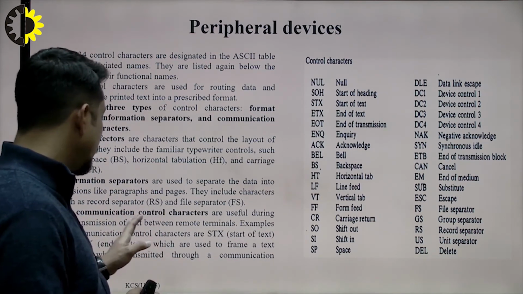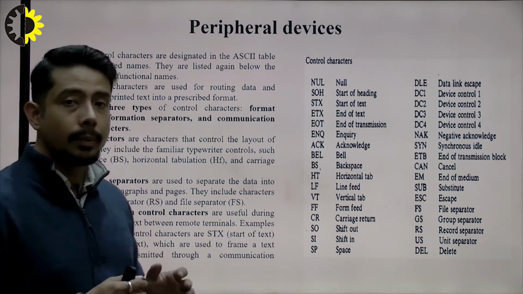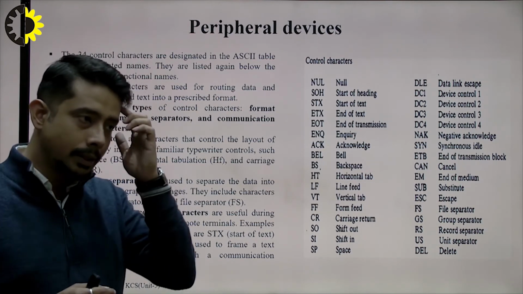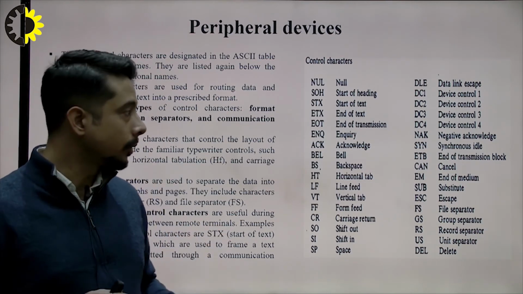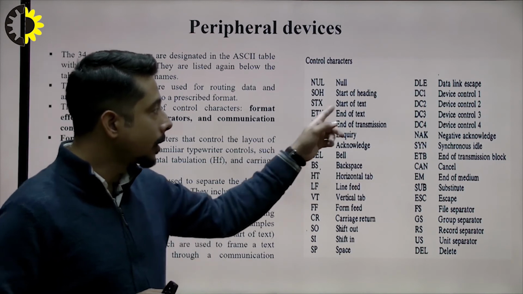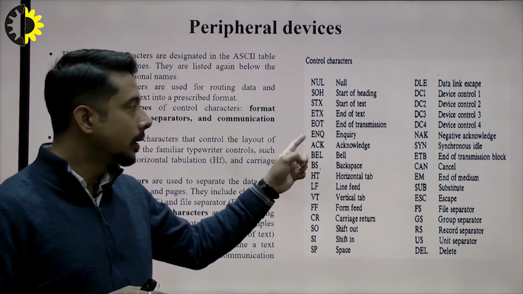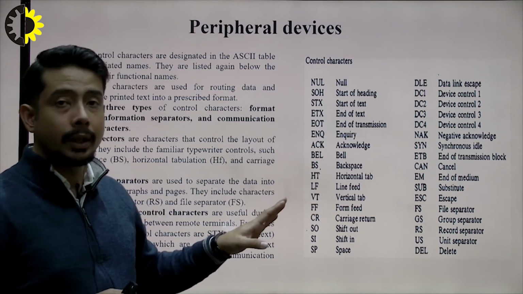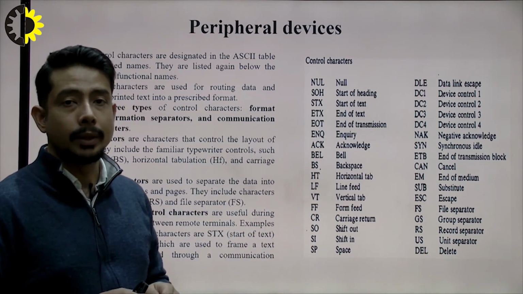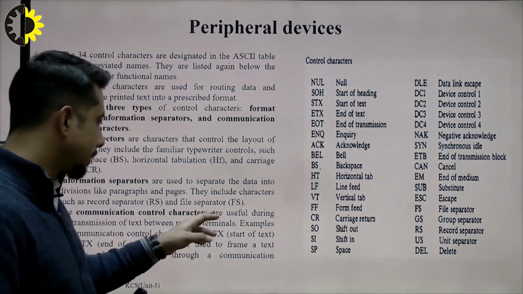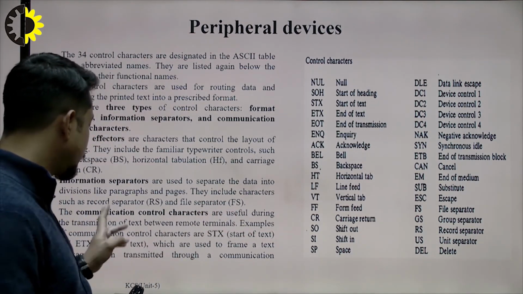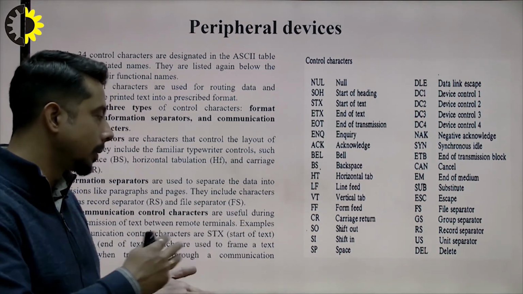Next comes communication control characters. Communication control characters generally deal with control characters like start of text, start of heading, end of text, end of transmission, and enquiry. These are useful during the transmission of text between remote terminals.